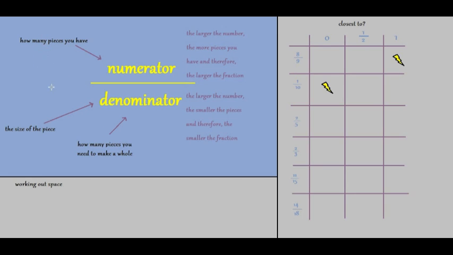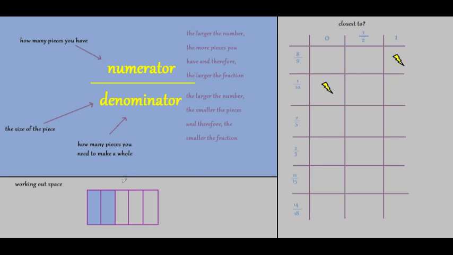So let's have a look by pulling up a diagram. Here I have a rectangle that represents a whole, and it's been split into 1, 2, 3, 4, 5 pieces of equal size. Now let's colour in 2 of those fifths, and we'll ask ourselves whether 2/5 is close to a half or closer to 0.